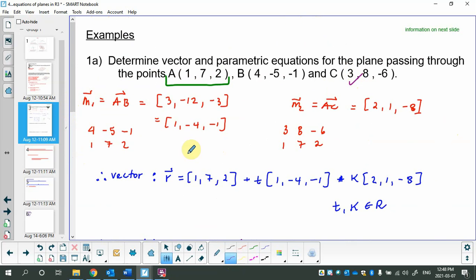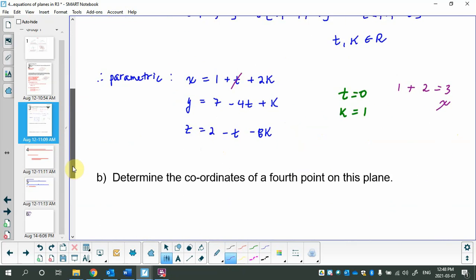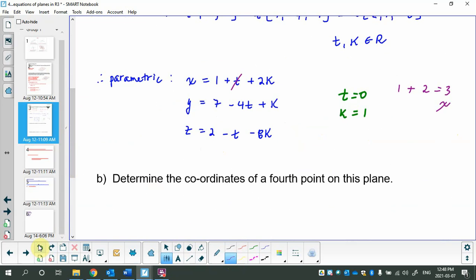That means I'm making that point. Bad pick. How about if I reverse it? It'll be 1 plus 1, which is 2 for the x.